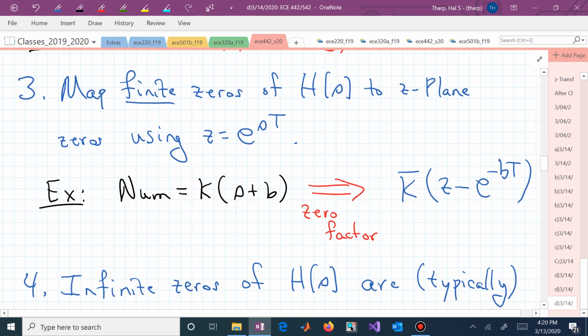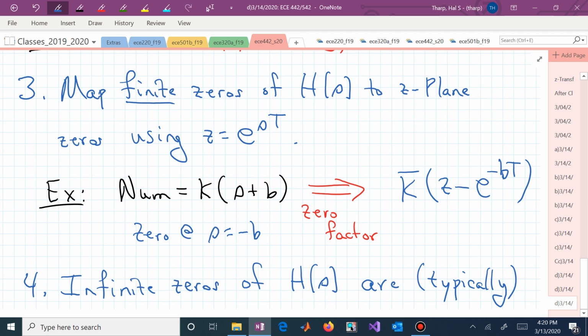For our zero, we have a zero at s equal to minus b, and that provides us with a factor in the numerator of z minus e to the minus bT.